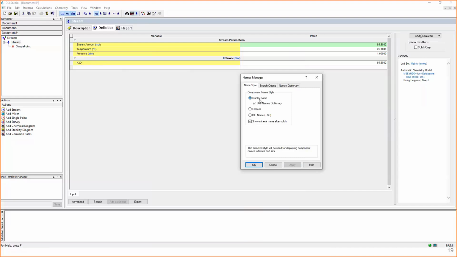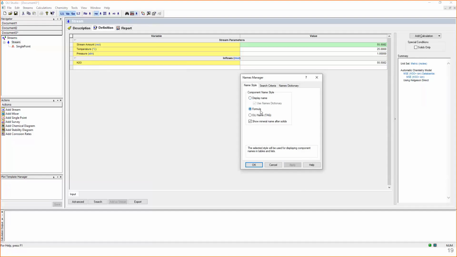So if you display the name, you'll see that immediately change it to water, okay? And if you display it to formula, then if you click apply, then you'll see that immediately it's in H2O. So it depends really on your preference, how you prefer to see the names for your simulations.